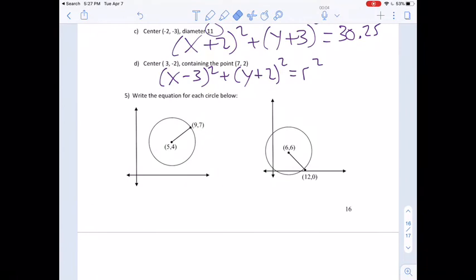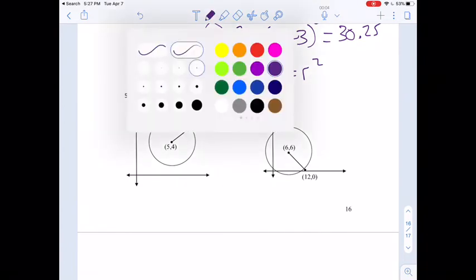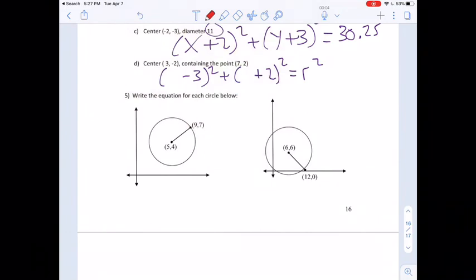Now, what I'm going to do here is I'm going to take the x and the y out. And then I'm going to say, if our circle contains this point, it means that point must make the equation true. So I'm going to put 7 and 2 in, because I know that is a point on the circle, therefore it must make the equation true.